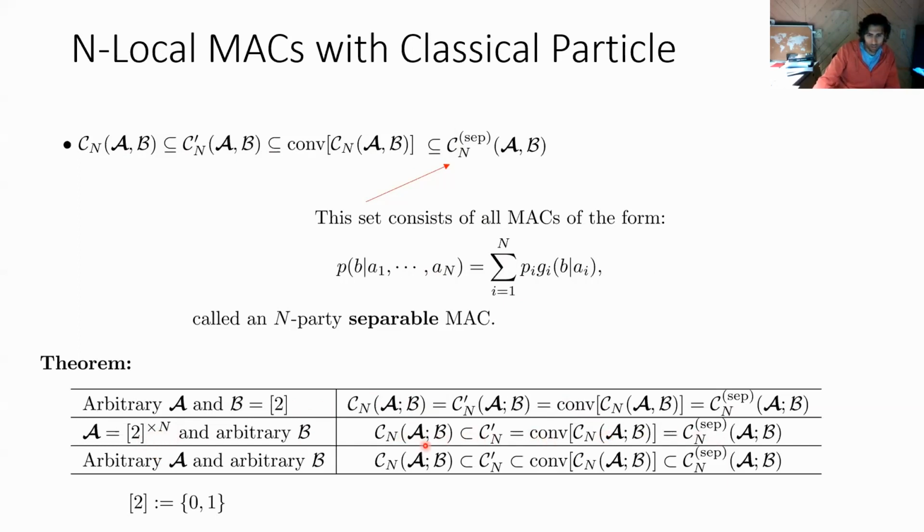You get a separation between the classical and its convex hull. So in this case, what ends up happening is that the classical local set is non-convex. And then if you have arbitrary A and B, then you get full separation between all these.